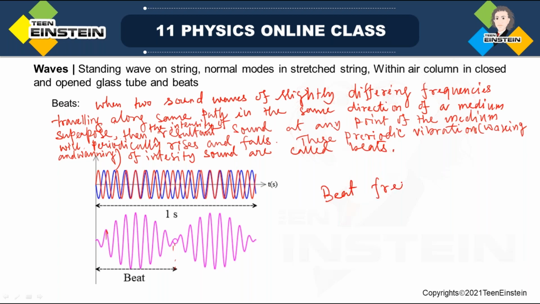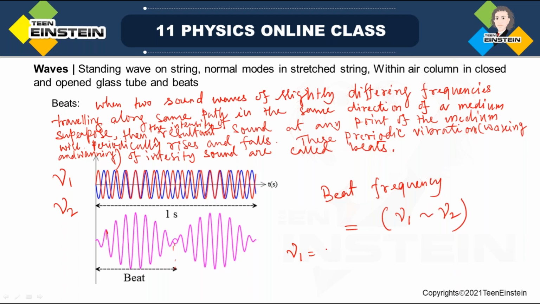What is the beat frequency? Beat frequency is obtained by taking the difference. Suppose one has frequency nu 1 and another one has frequency nu 2. So the beat frequency will be the difference between the two frequencies.